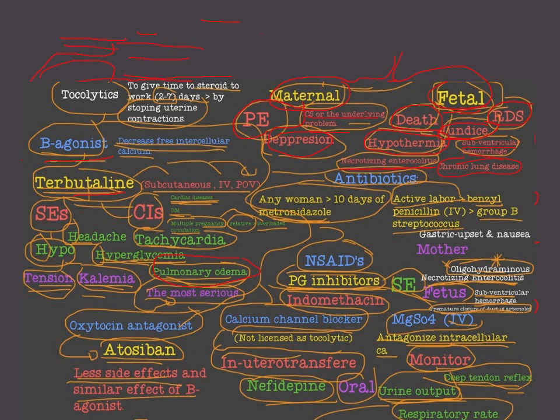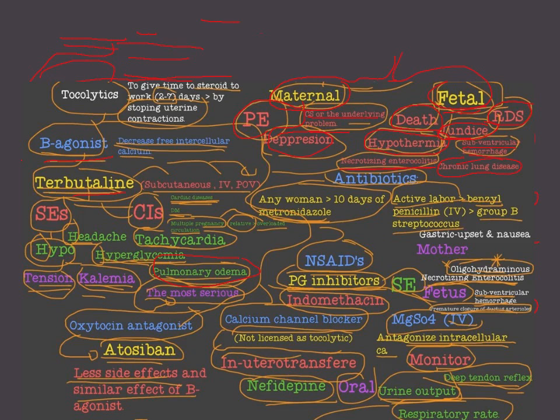When to put the cervical cerclage? Between 12 and 14 weeks. When to withdraw it? At 38 weeks, or in any case where we have induction of labor or preterm labor, we withdraw this cerclage.